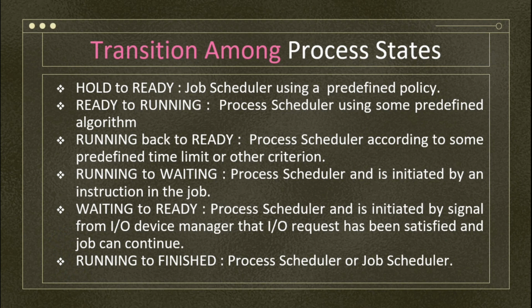Running to waiting: process scheduler, and it's initiated by an instruction in the job. Waiting to ready: process scheduler, and is initiated by a signal from the input-output device manager that the input and output request has been satisfied and the job can continue. Running to finished: process scheduler or job scheduler.